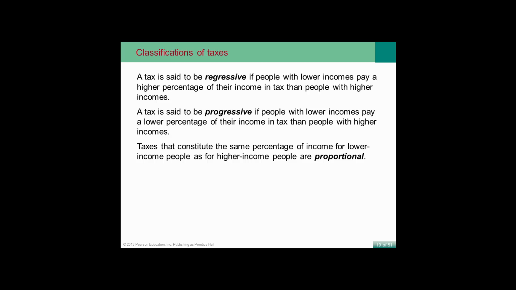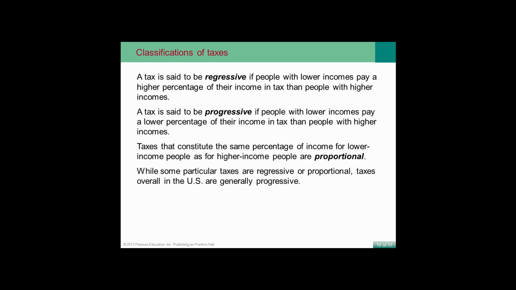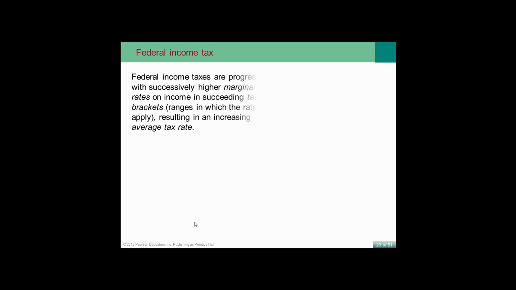Taxes that constitute the same percentage for low income and high income earners are called proportional or flat taxes, like a sales tax of 6.25% on everything. While some particular taxes are regressive or proportional, taxes overall in the U.S. are generally progressive, with lower incomes paying a lower percentage.